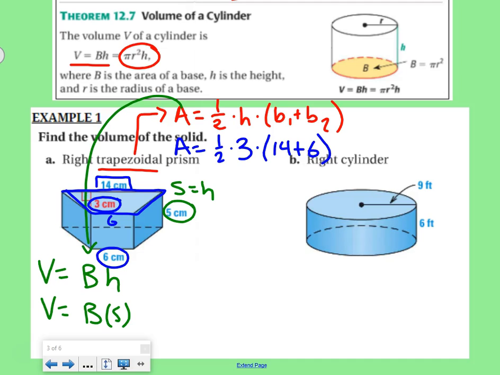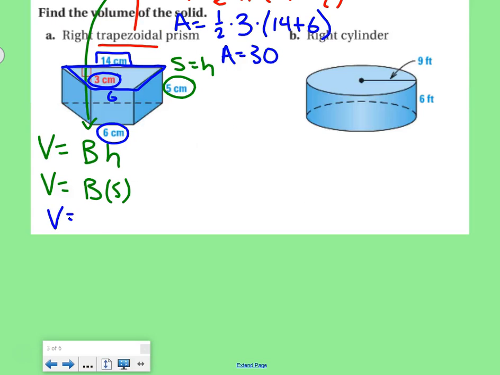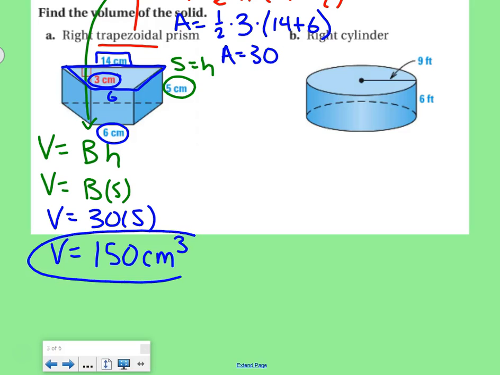So area equals 1/2 times 3 times the sum of 14 and 6, which is 30. So the area of our base is equal to 30. Plug that into our volume equation: we get 30 times 5. Volume is equal to 150 centimeters cubed.